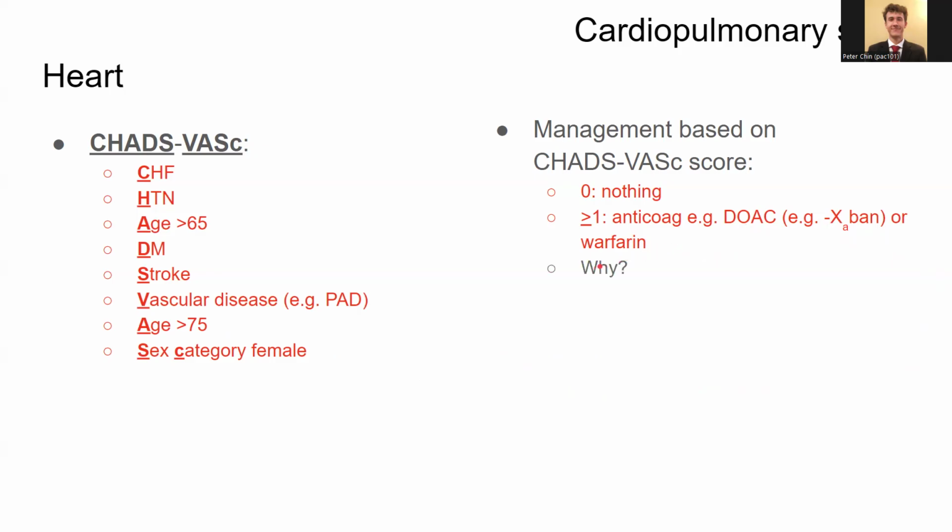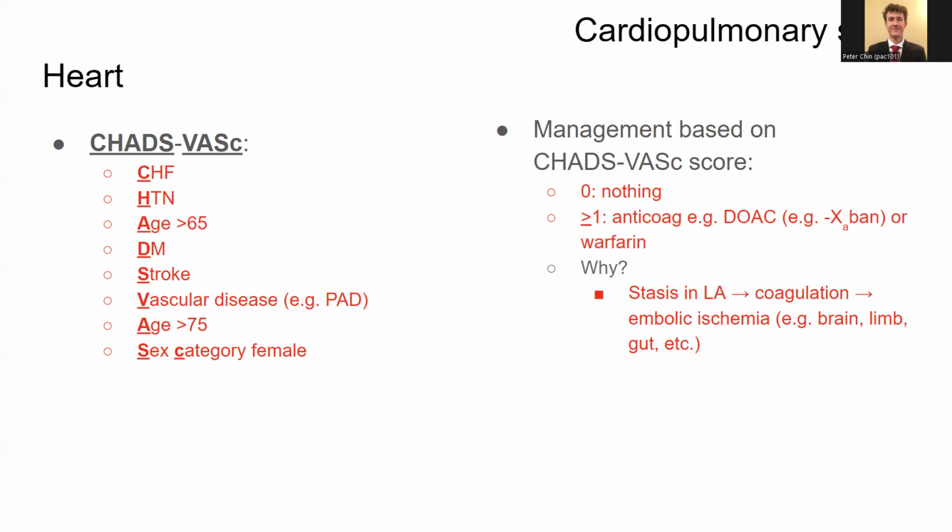The reason why you want to consider CHADS-VASc in the setting of atrial fibrillation or atrial flutter is because in this state, there's stasis of blood in the atria. And if you think of Virchow's triad, stasis, hypercoagulability, endothelial dysfunction, stasis is the box that gets checked.